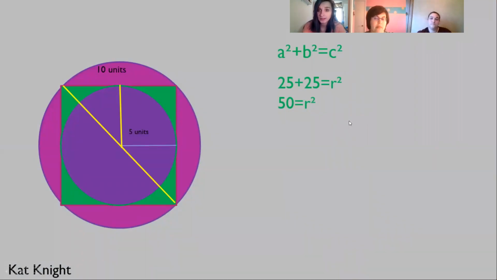And I'm going to cheat a little bit and say 50 equals r squared, because I know that r squared is going to be within that formula that we need to find our area. So we get our area equals 50 pi units squared. But we're not done, because we're trying to find out which is bigger, the area of the circle or the distance between the smaller circle and the bigger circle. So I'm going to subtract 25 pi units from 50 pi units and get 25 pi. So it's actually equivalent.